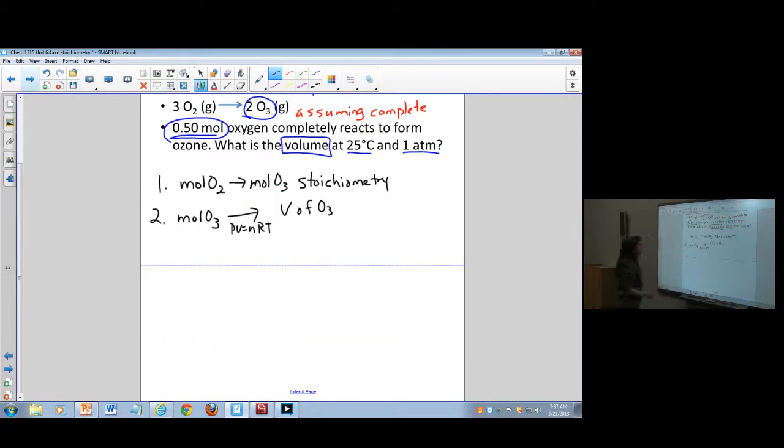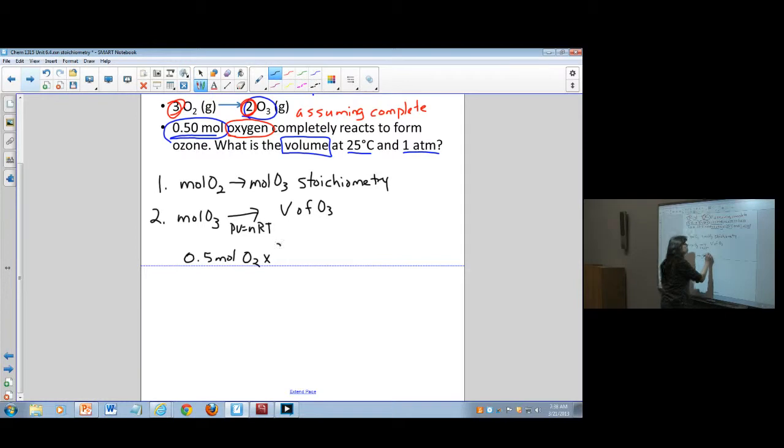So, for our problem, we have 0.5 moles of oxygen, O2, and notice how that's written, by the way. Oxygen is left for you to decide whether that's a molecule or just an atom. In this case, it's a molecule. 0.5 moles of O2, and in my balanced reaction, I can see I have 2 moles of O3 for every 3 moles of O2.